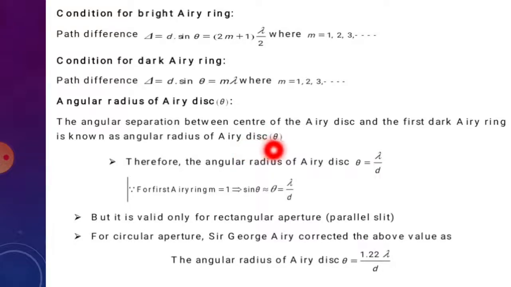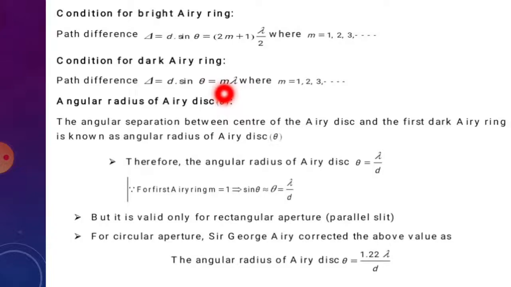That is, the radius of the central disk is the radius of the Airy disk. For this, to find the radius of the Airy disk, we can use the minimum condition. Here, m equal to 1 gives the first dark ring.